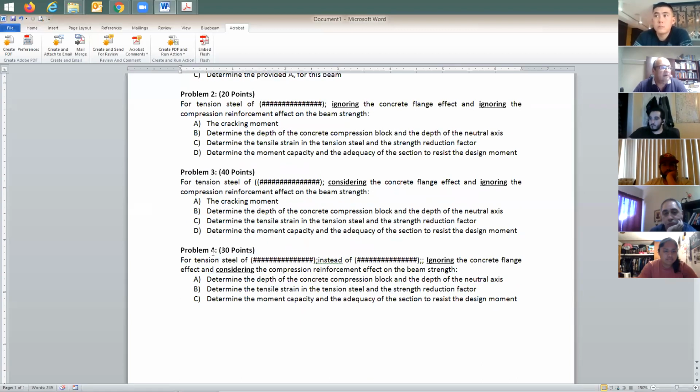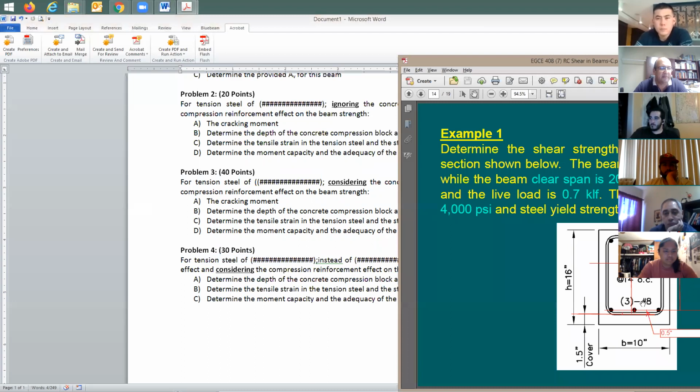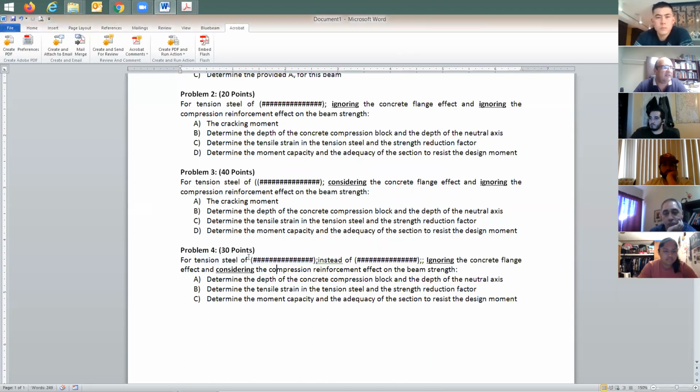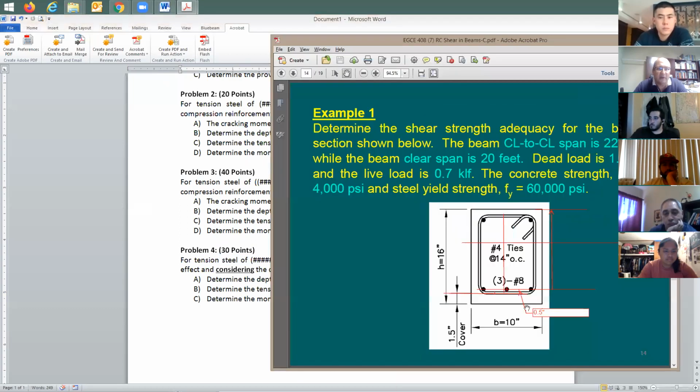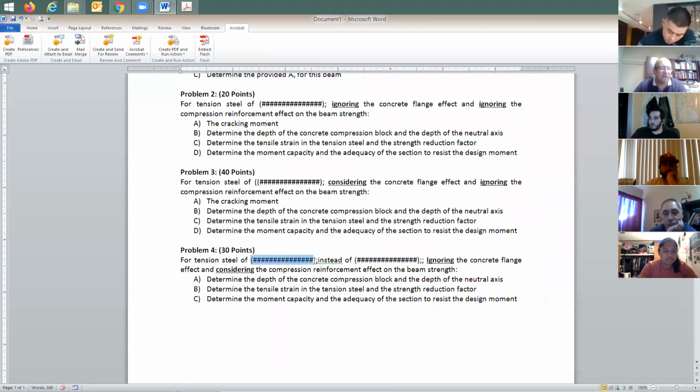Last problem here. For this tension reinforcement, I'm gonna say replace it. This tension reinforcing, right? Let's say that here you have 3 number 8. So this problem would read, let's say, for tension reinforcement of 4 number 9 instead of 3 number 8. So what's 3 number 8? The one I provide here in the section. So what is the new value? I'm gonna put it here. Let's say 4 number 9 or whatever.